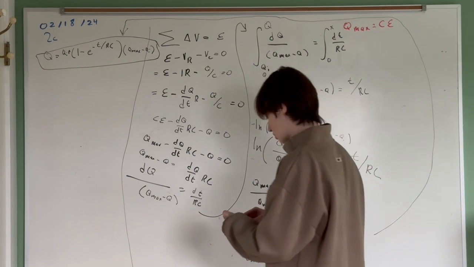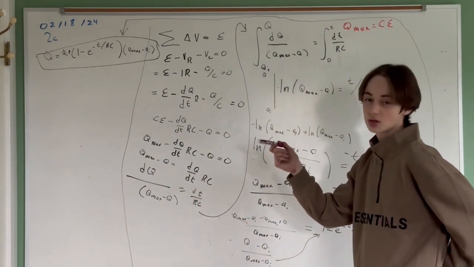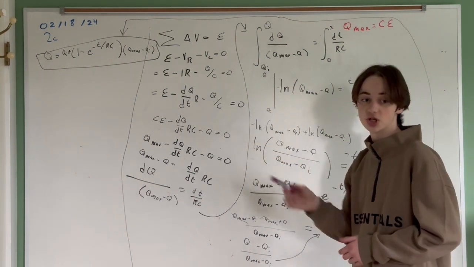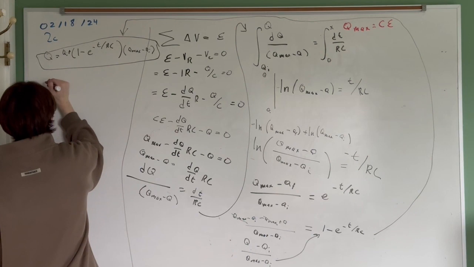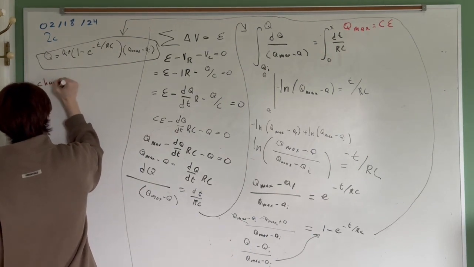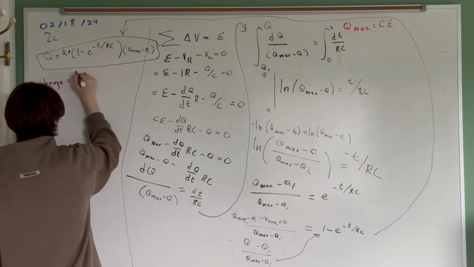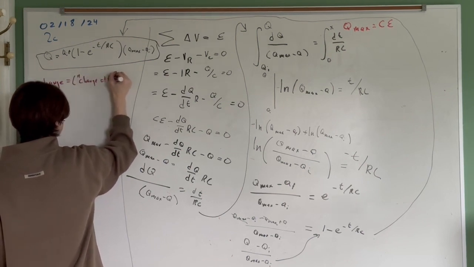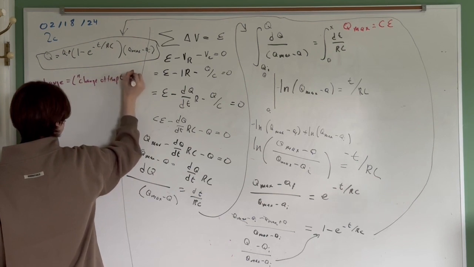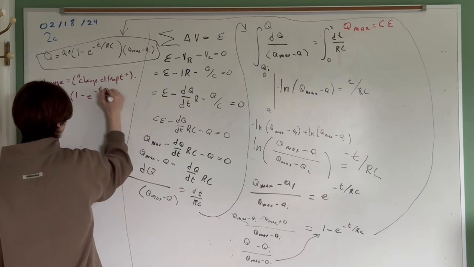So the general time constant equation, now that you've done one of these derivations, a lot of them look really similar. So you can use the general formula for it: change equals change attempt times 1 minus e to the negative t over tau.